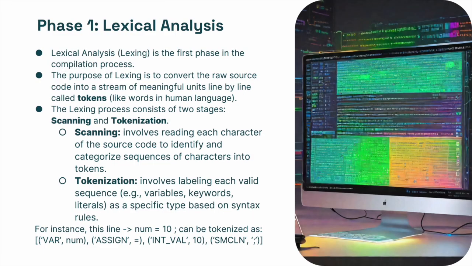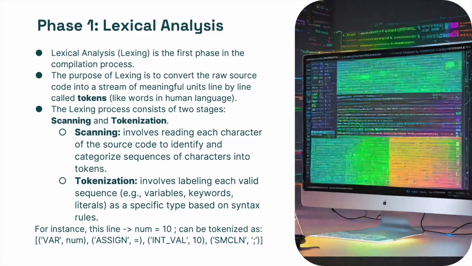So now let's zoom in on the first phase, which is lexical analysis, or what we also call lexing. When you hear lexing, that means the whole process of the lexical analysis phase. Imagine you're writing a sentence and someone breaks it down into individual words, identifying nouns, verbs, punctuation.